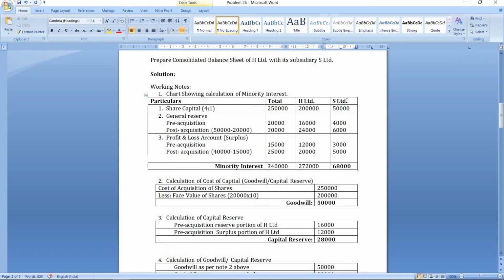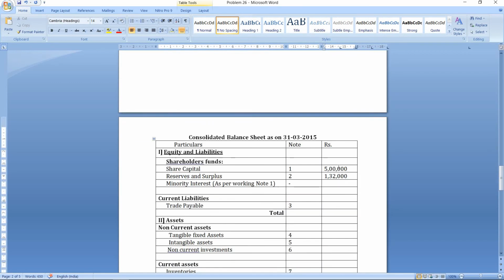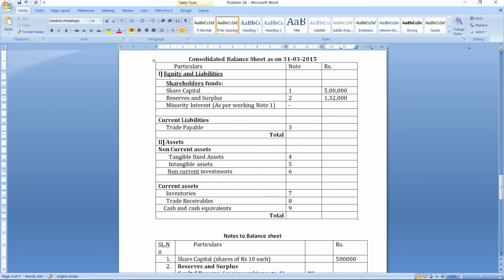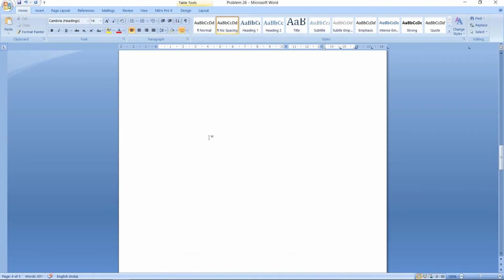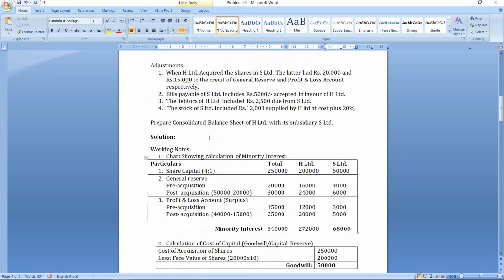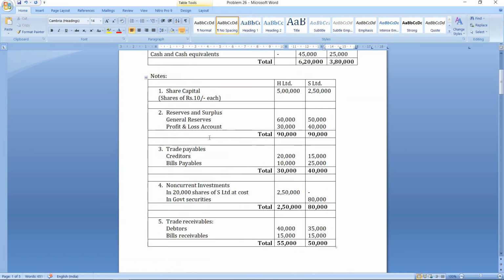Okay, next thing that we have to show is minority interest. So total minority interest is 68,000. So this we will show in the consolidated balance sheet, 68,000. Next item in the balance sheet is trade payables. So in trade payables, let us see what information is given to us in the balance sheet.